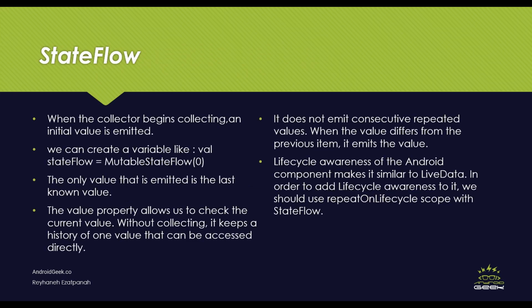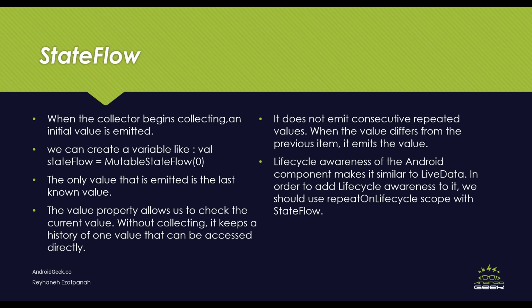With StateFlow and SharedFlow, a flow can efficiently update state and update values to multiple consumers. And here we should know more about StateFlow. When the collector begins collecting, an initial value is emitted. And also we can create a variable like this, as you can see. The only value that is emitted is the last known value.